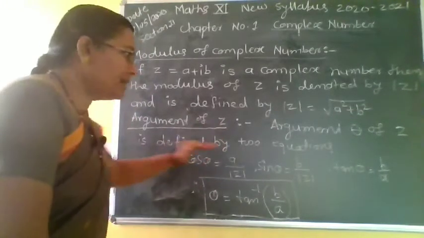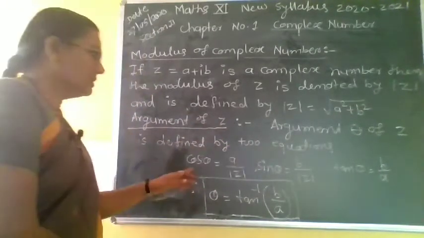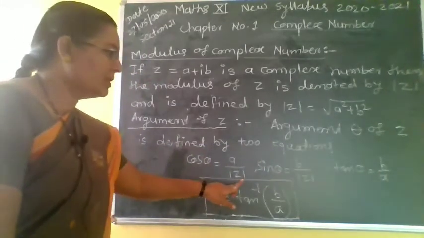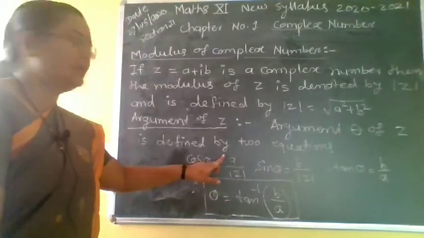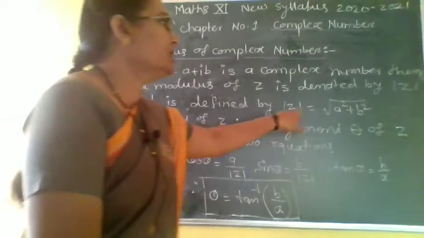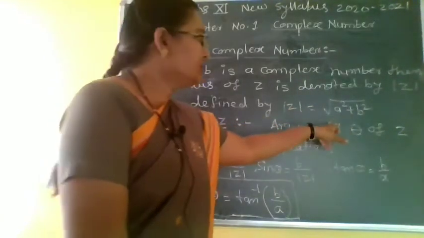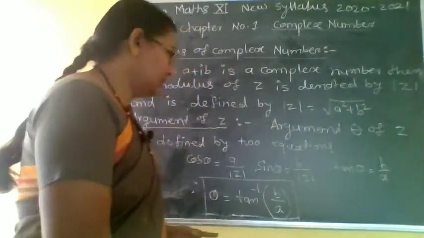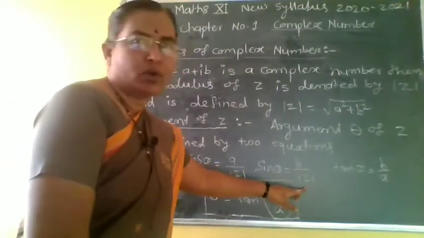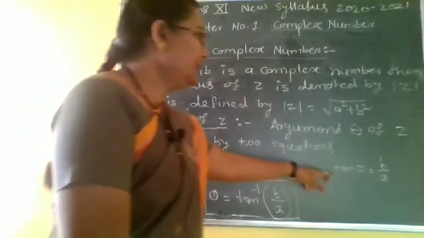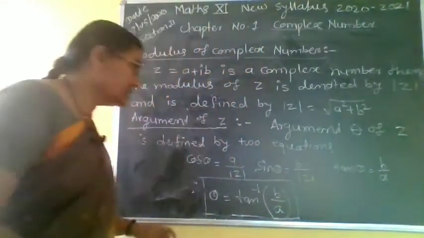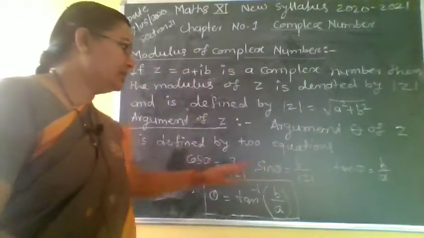The argument of the complex number is defined by two equations: cos theta is equal to a divided by mod z, where a is the real part of the complex number and mod z is its modulus, root of a squared plus b squared, and sin theta is equal to b upon mod z. Then tan theta is equal to b upon a, because we divide these two equations.